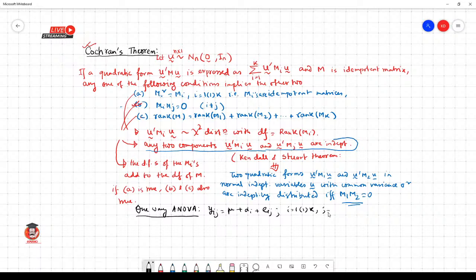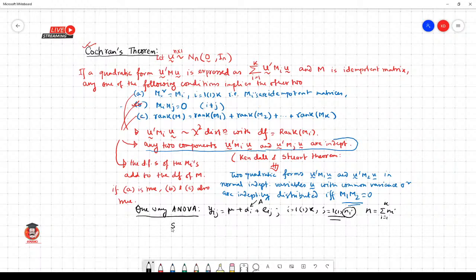And j is the number of observations under the ith level of a factor. Suppose I consider factor A and it has k levels, then under the ith level there are n_i observations and n is the total number of observations, which is nothing but the sum over i from 1 to k of n_i.